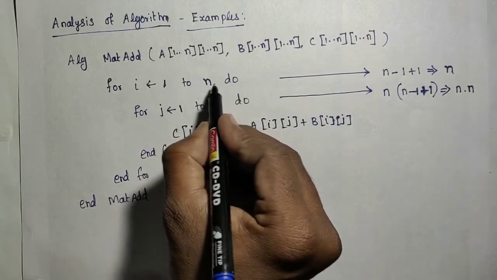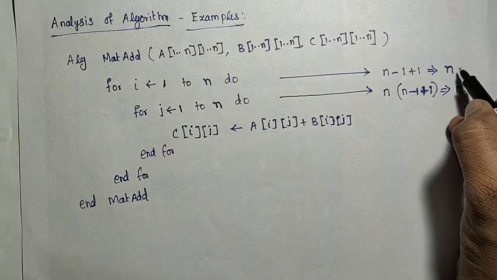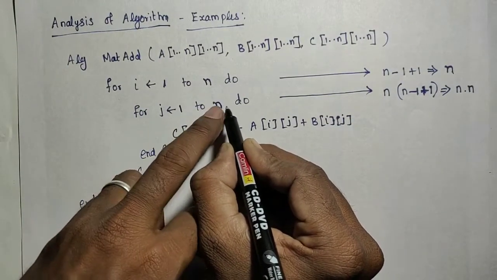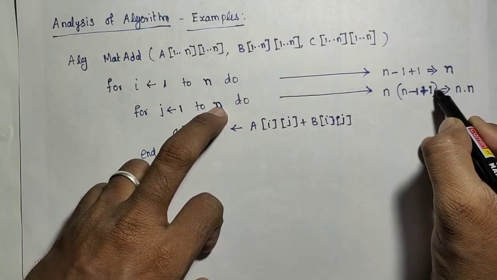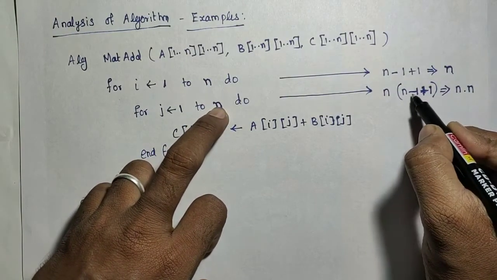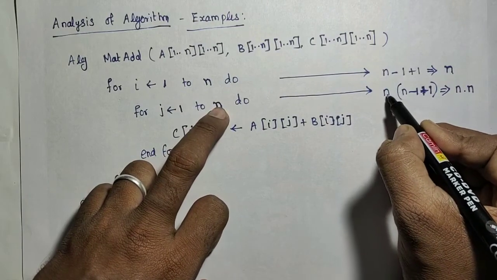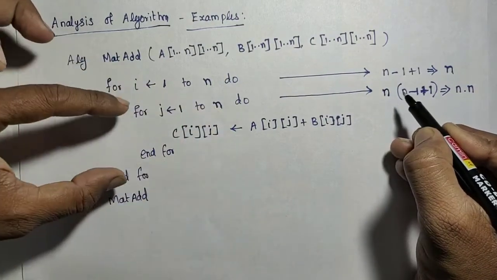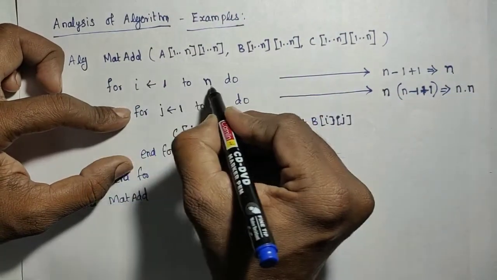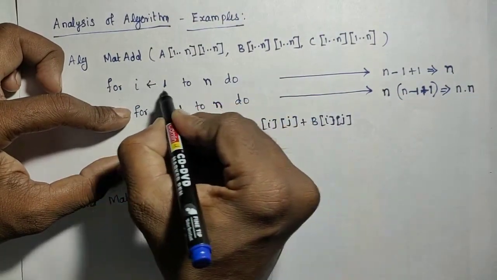If you are including the false condition, this will be plus 1. Here also, if you are assuming the false condition, we have to add plus 1. So n plus 1 into how many times? That is n times only, because that content gets executed one less than the for loop header.